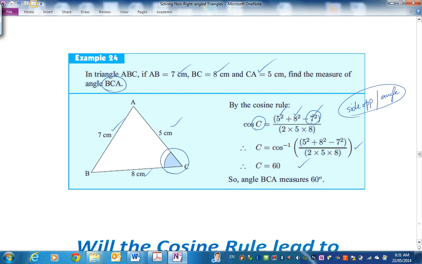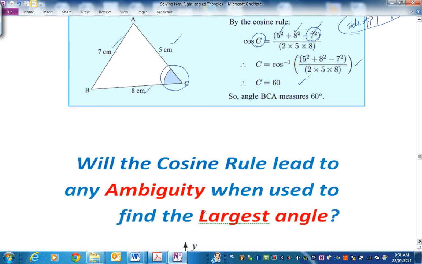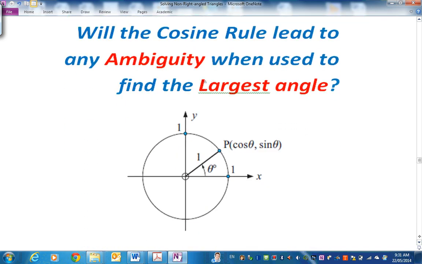Alright, so here's a question for you. Will the cosine rule lead to any ambiguity in the largest angle case? Well, let's have a look. The largest angle might go into this quadrant. Let's make it a theta there. So this angle is 180 minus theta, like before.